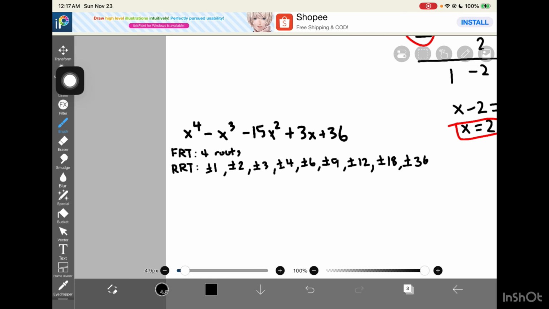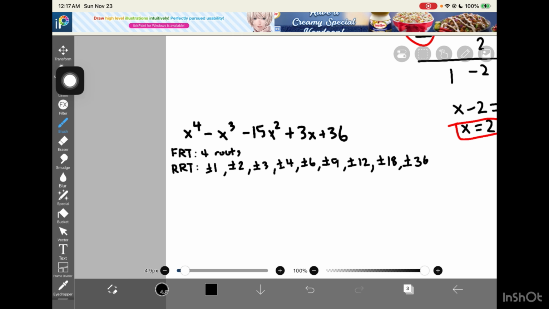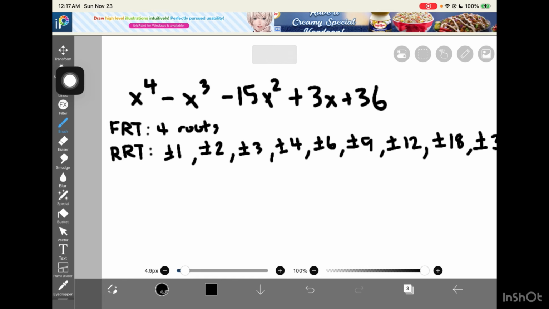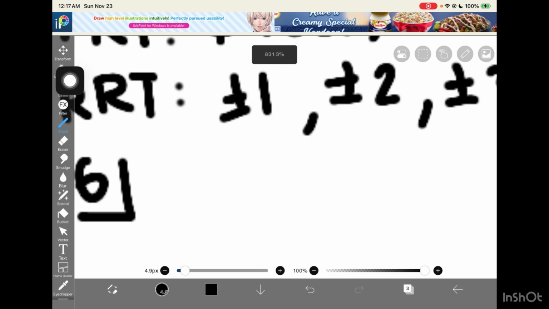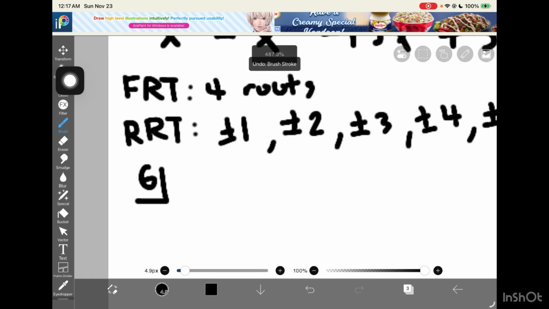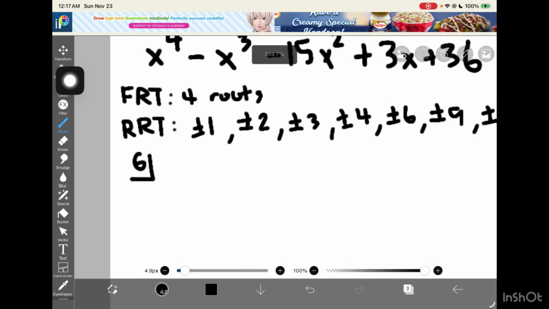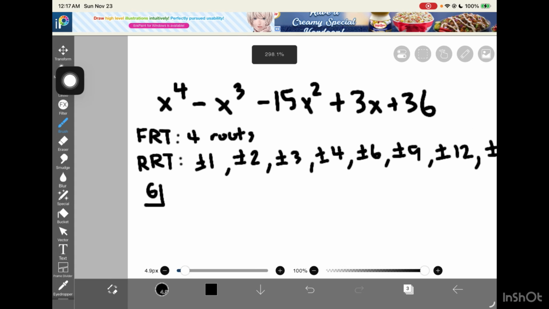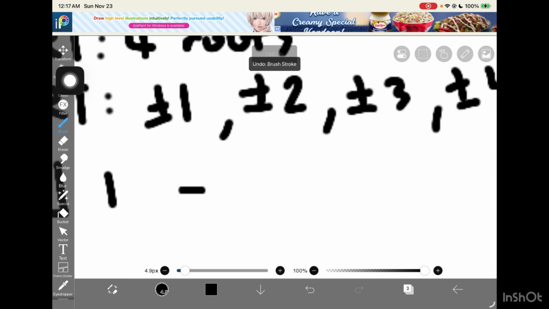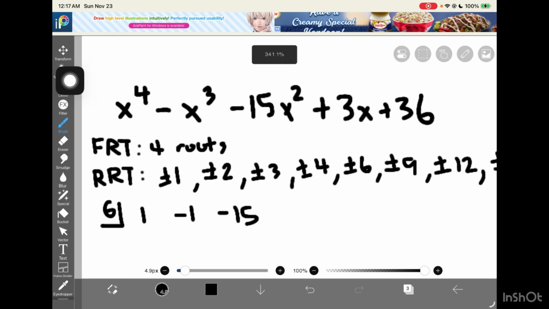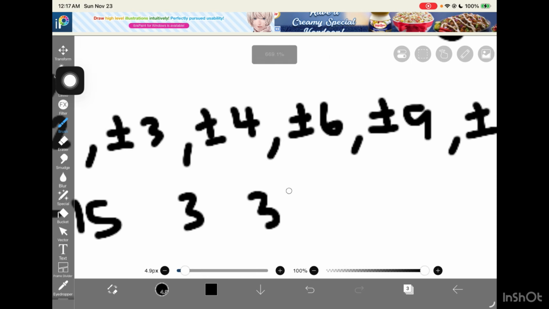So in this case, let's try to narrow down the roots, or let's try to find the roots first. So let's try to define our upper bound. So let's try to use 6 as an upper bound first. So we can do 1, negative 1, negative 15, 3, 36.